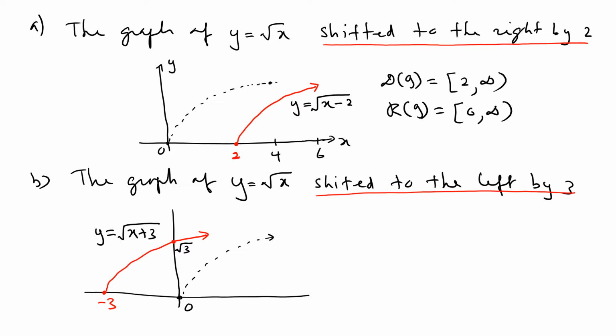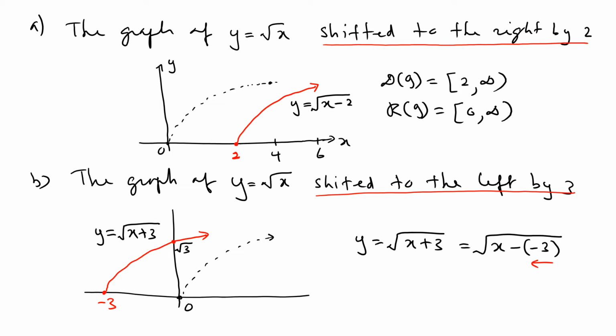I also want to tell you that there's another way to look at this one. We have the square root of x plus 3. To bring it to the same format, we can write this as x minus negative 3. When you have a positive value, it's going to move to the right, but since you have a negative value, you move to the left.